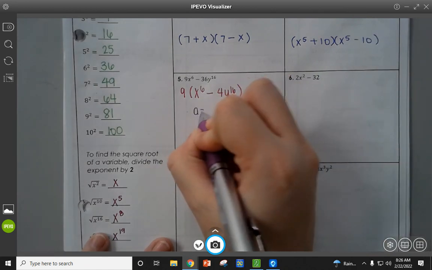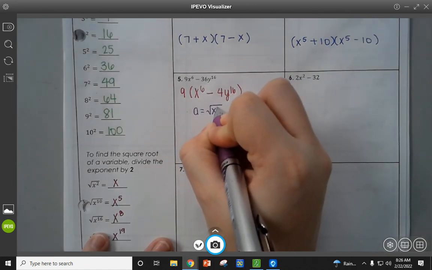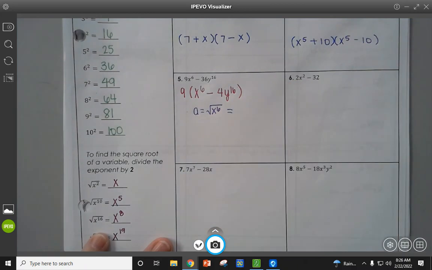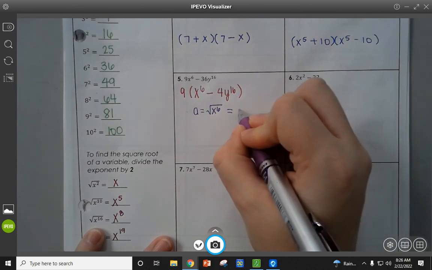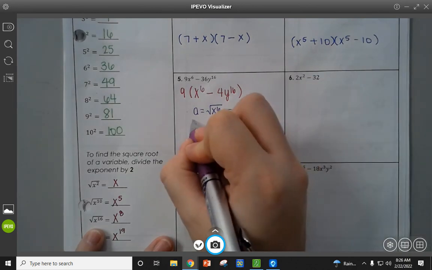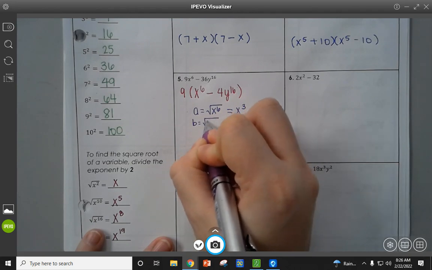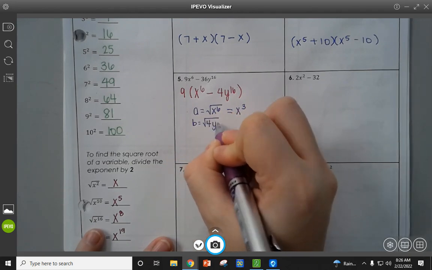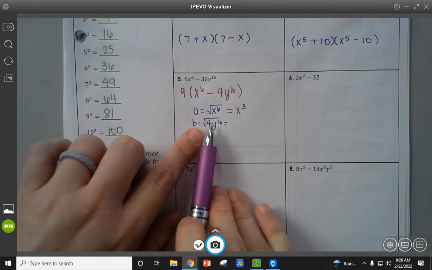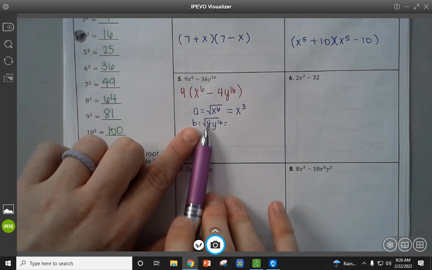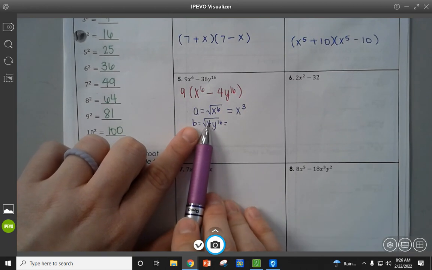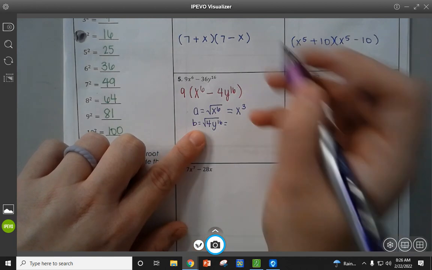So my a is going to be the square root of x to the 6th, which is what? x to the third. And my b is the square root of 4y to the 16th. So when I take the square root, take the square root of the number in front. What's the square root of 4? 2.